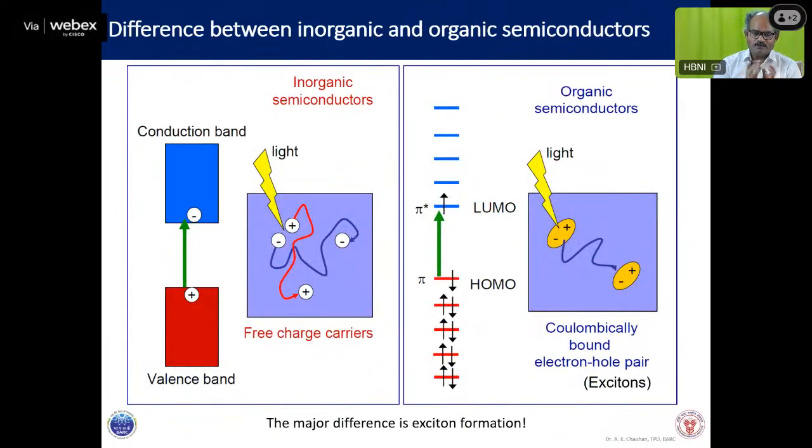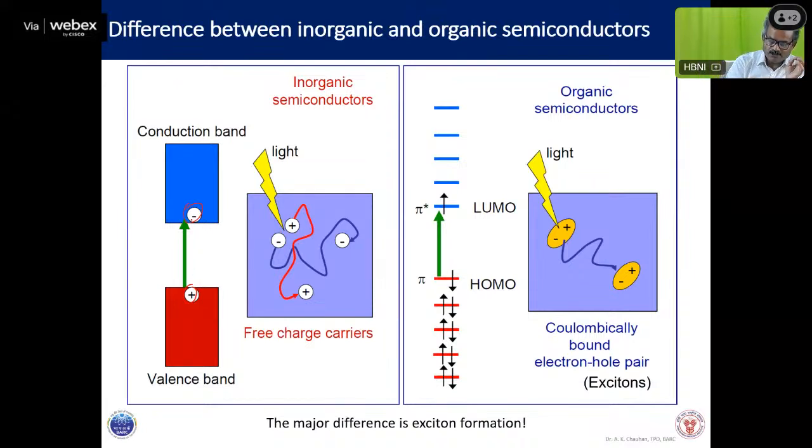Now, in another way, let us see the difference between inorganic and organic semiconductors in this slide, which I am trying to explain. In inorganic semiconductors, you have a valence band and conduction band. When light is absorbed, an electron and hole pair is generated, and once an electron is inside the conduction band, it is ballistic. It belongs to the entire crystal. From one side to another side, it can reach in no time.